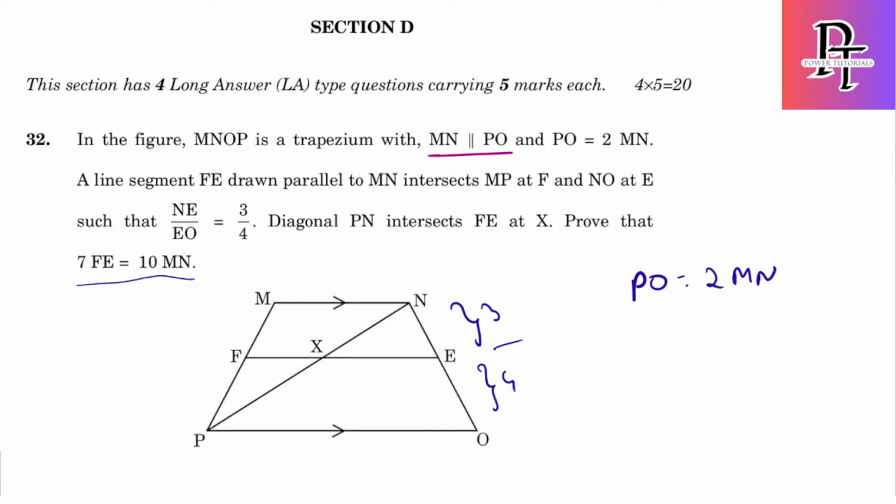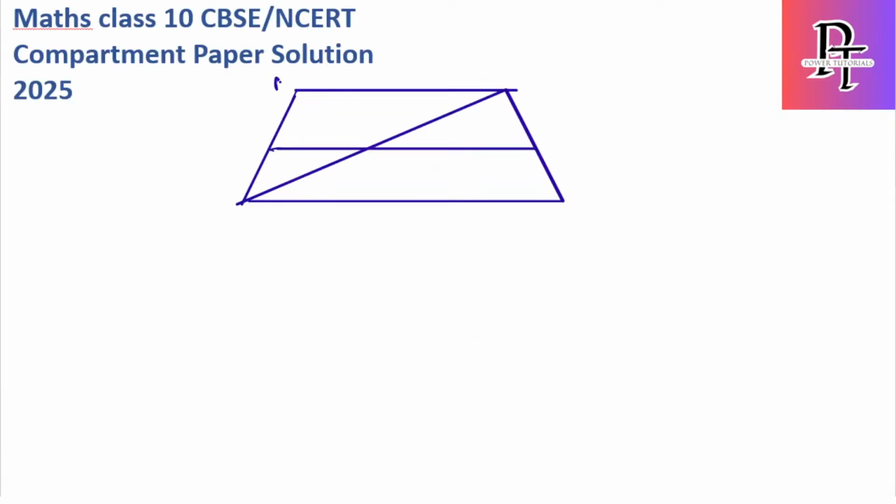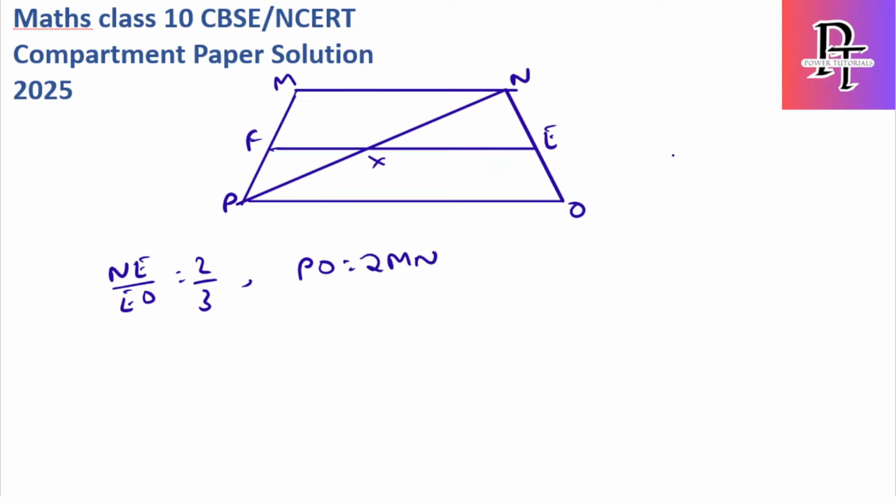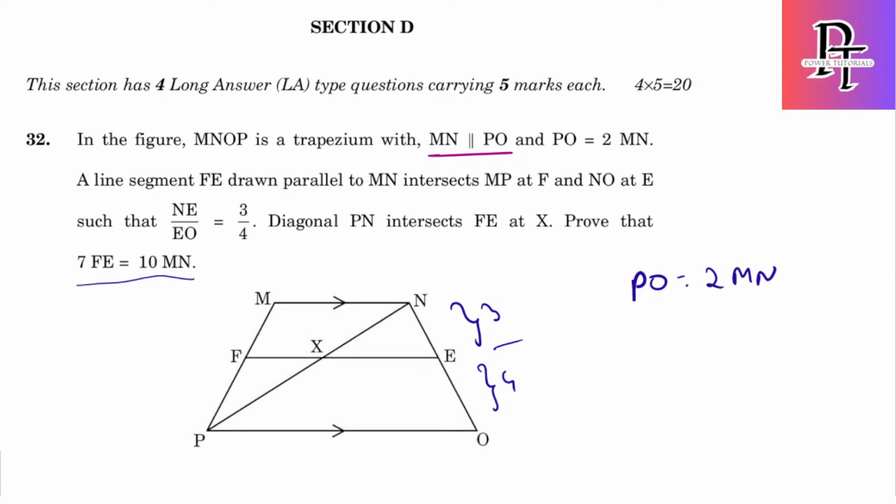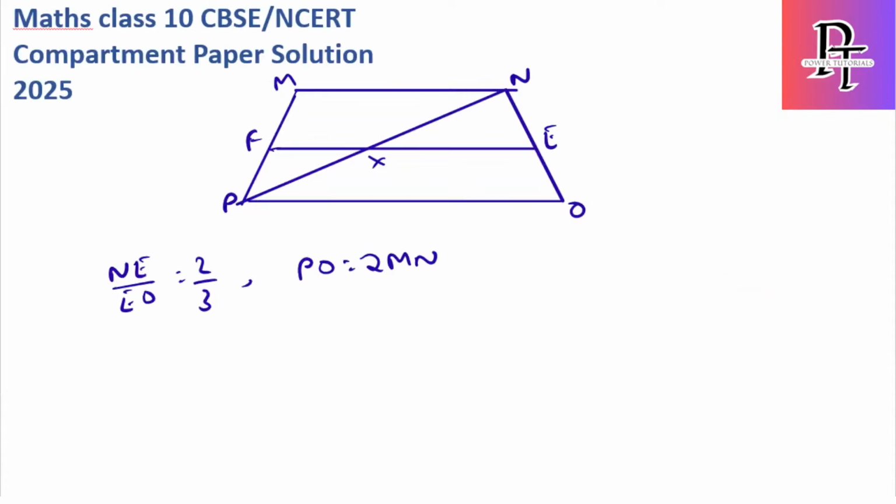Points M, N, F, E, P and O. This point is X. They have mentioned NE by EO is equal to 3 by 4. The second detail is PO is twice of MN, and they want us to prove 7FE is equal to 10MN.